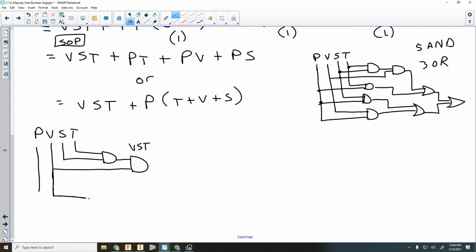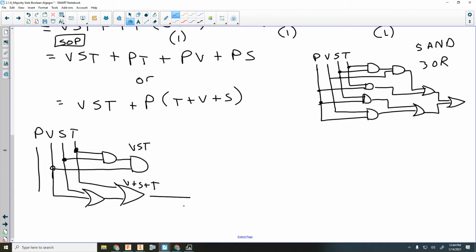if I want to do the OR, this would be B or S or T, right?